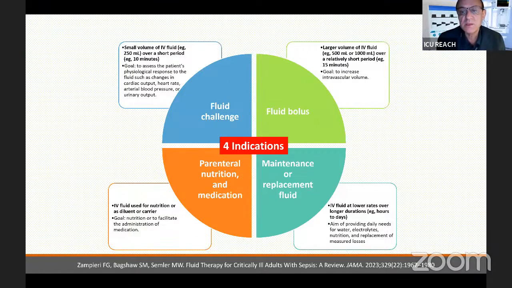And the purpose of this is to increase intravascular volume. Other indications for fluid would be for maintenance or fluid replacement for fluid loss like diarrhea or diuresis, or it could be also for parenteral nutrition such as TPN, or to be given with medications.